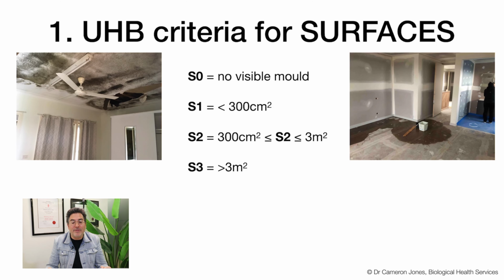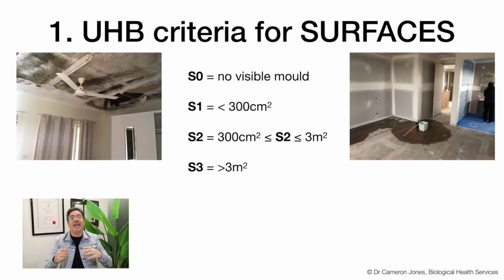And so the UHB criteria states that obviously a surface 0, S0, has no visible mold. S1 has less than 300 centimeters square. So think of that as like a 60 by 50 centimeters square piece of wall or ceiling or floor that is contaminated with visible mold.